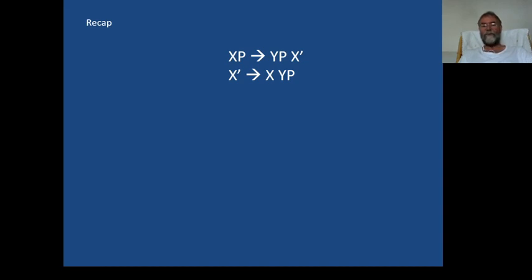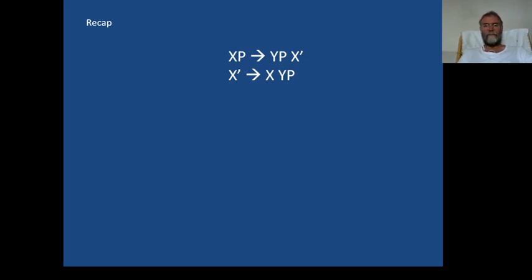So far we've looked at two of the rules of X-bar theory. One of them says that an XP contains a YP in front of an X bar. That YP is the specifier, the X bar is the lower level, the level down from the XP.